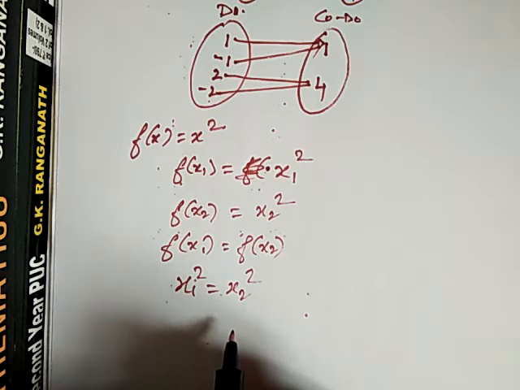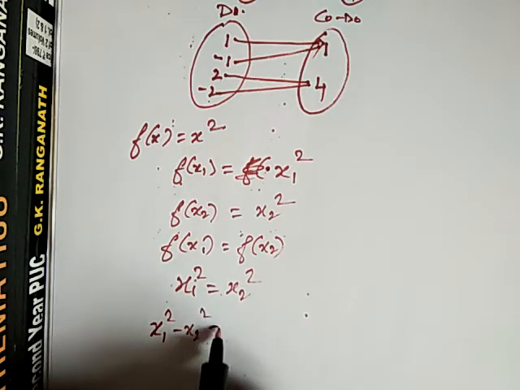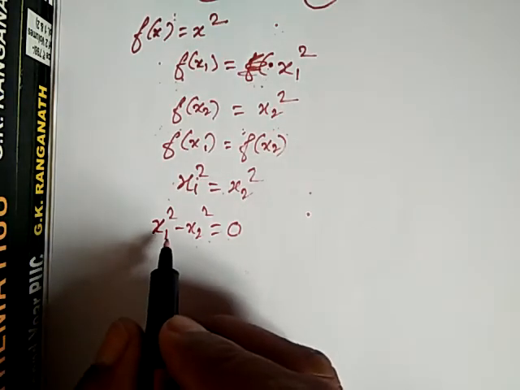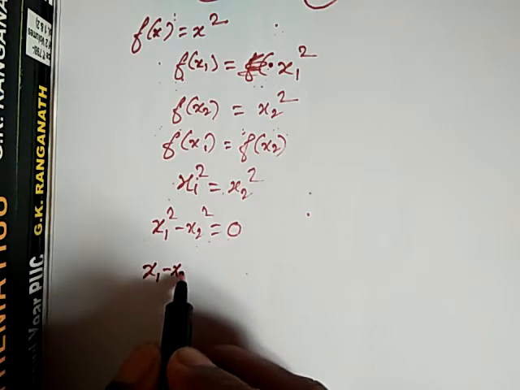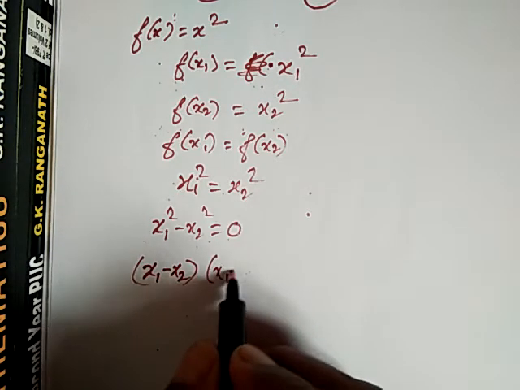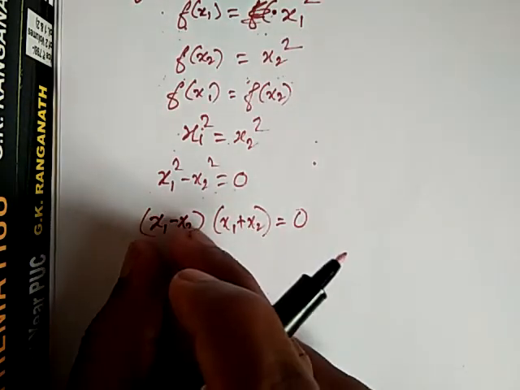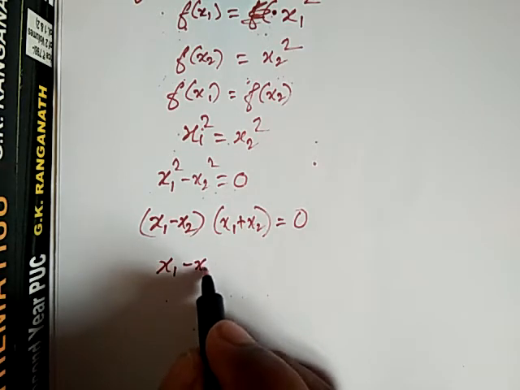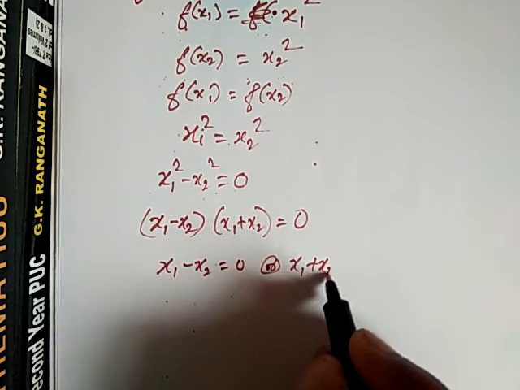No, that is not the solution. You can take x1 square minus x2 square is equal to 0, which is like a square minus b square. So you can take x1 minus x2 into x1 plus x2. Each term is equal to 0, means x1 minus x2 is equal to 0 or x1 plus x2 is equal to 0.